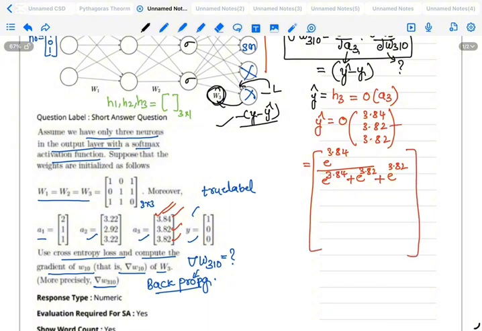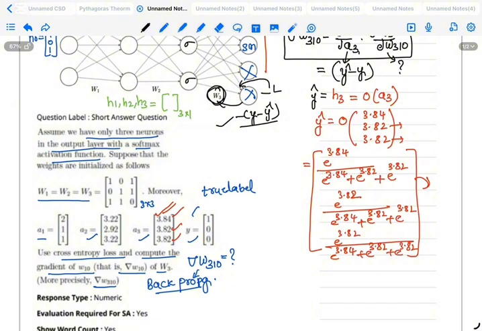Same for this value, e power 3.82 by e power 3.84 plus e power 3.82 plus e power 3.82. Next for this value, e power 3.82 divided by e power 3.84 plus e power 3.82 plus e power 3.82. All these values are approximately the same.